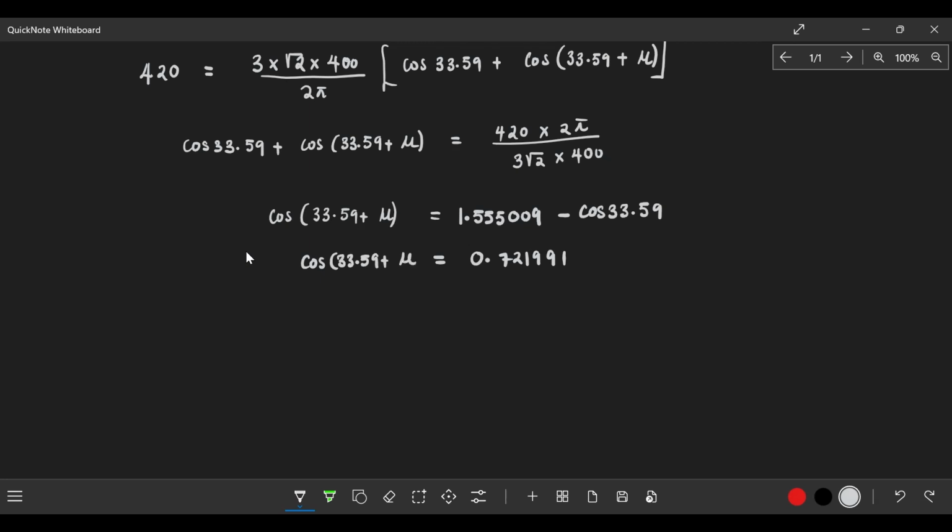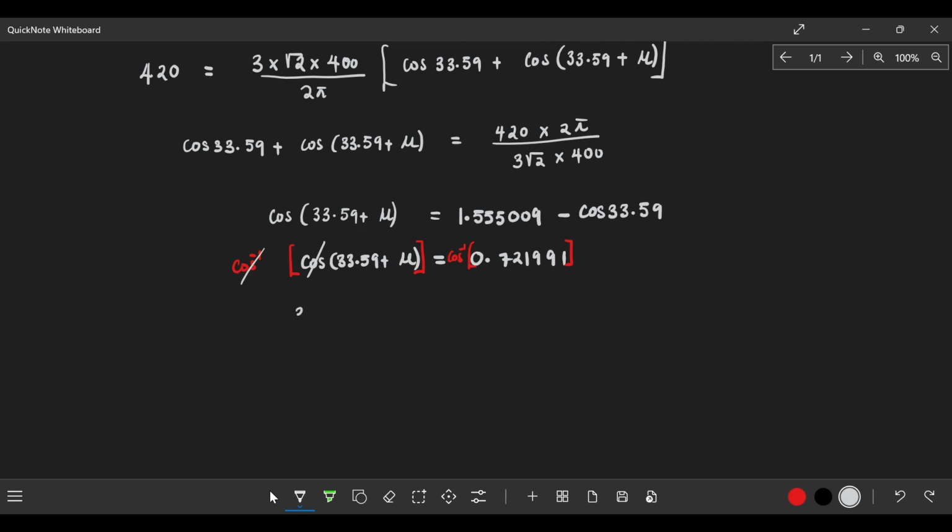Okay, so at this point, I'm going to take cosine inverse of both sides. If you do that, cosine inverse times cos, these cancel out. Cosine inverse and this cosine, they'll cancel out.